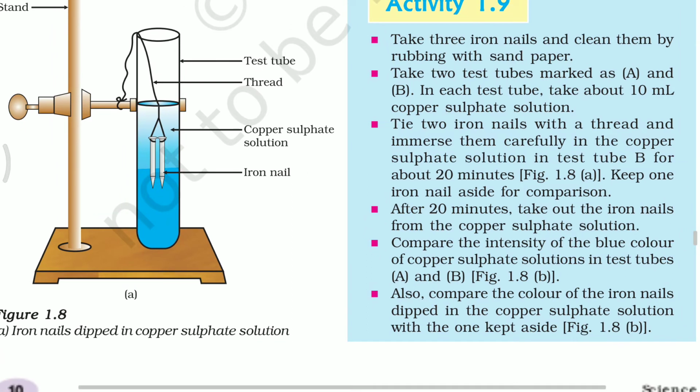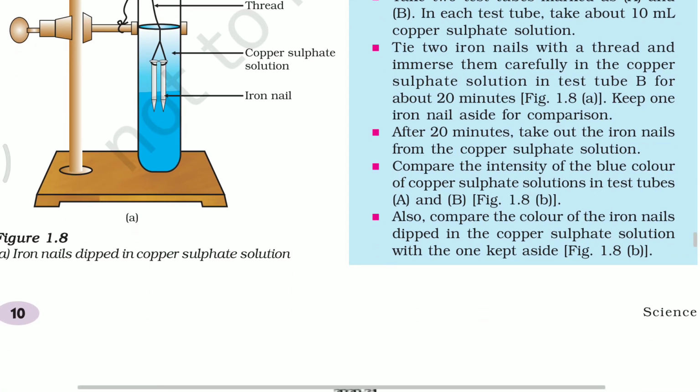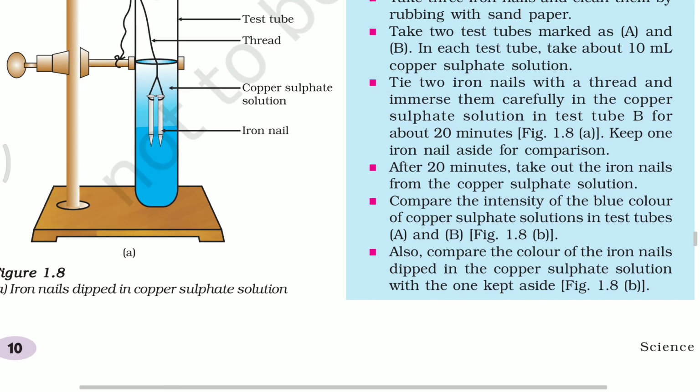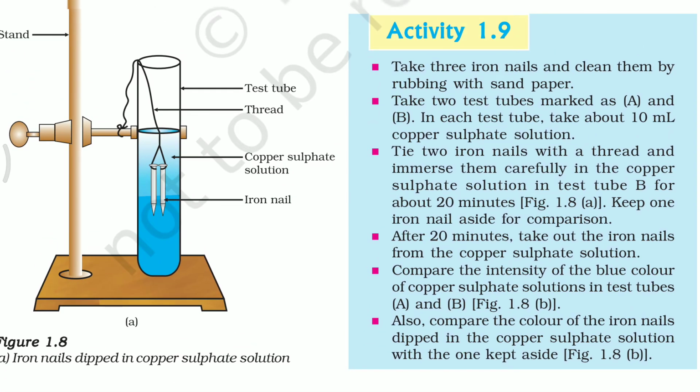Copper sulfate solution is generally bluish in color, so it is a blue colored solution. Here after some time a reddish brown coating is formed on the silvery white iron nails, because iron is a more reactive metal than copper. So iron displaces copper from copper sulfate solution.